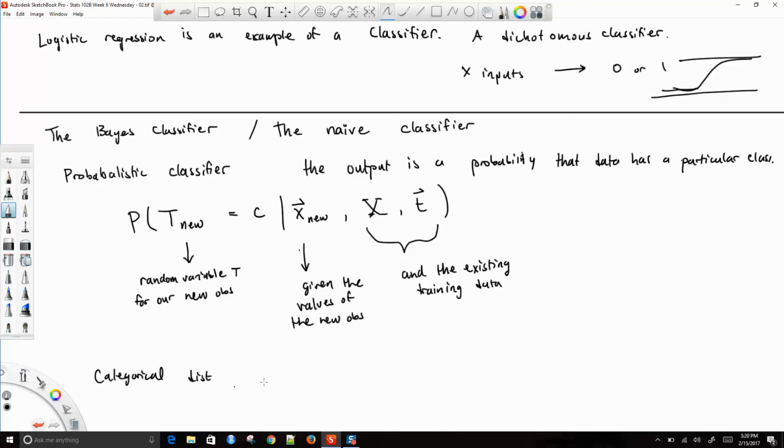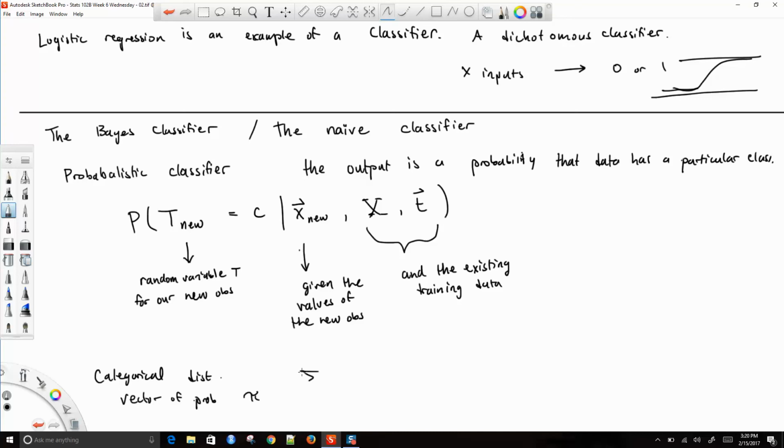So we have the categorical distribution, which basically you have a vector of probabilities, and you might call that pi.